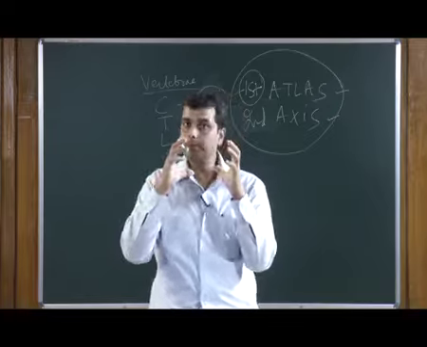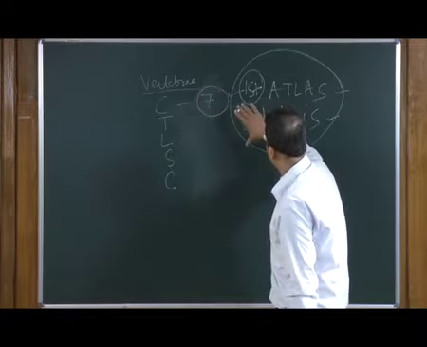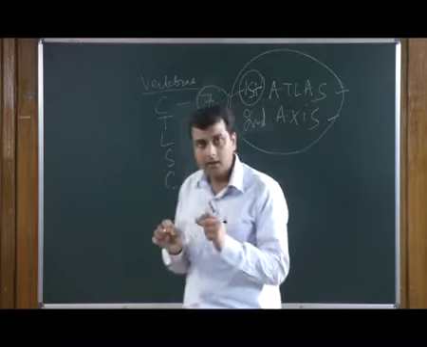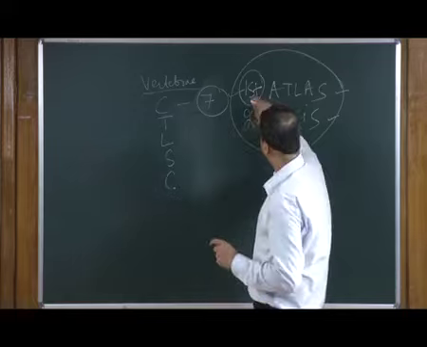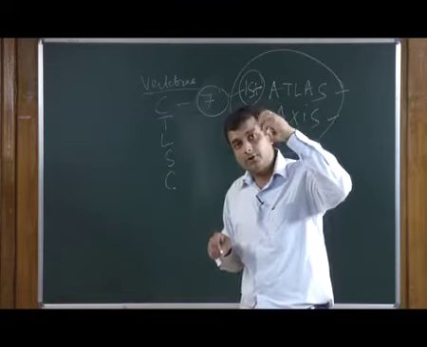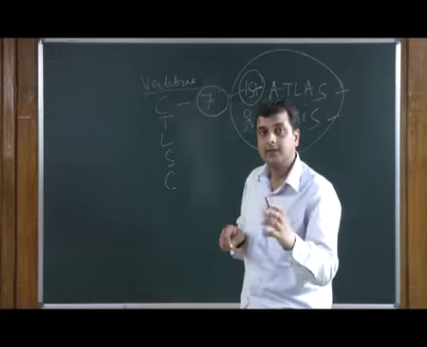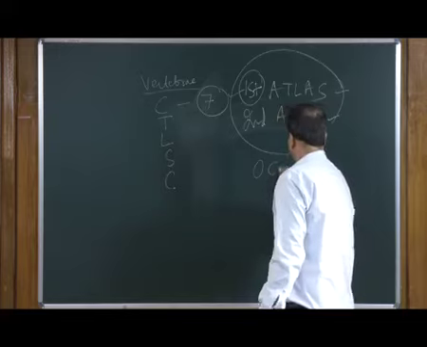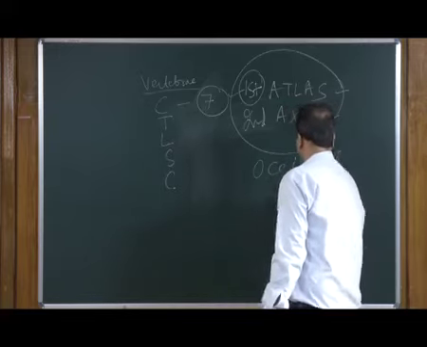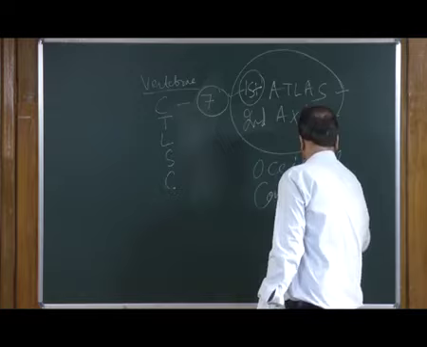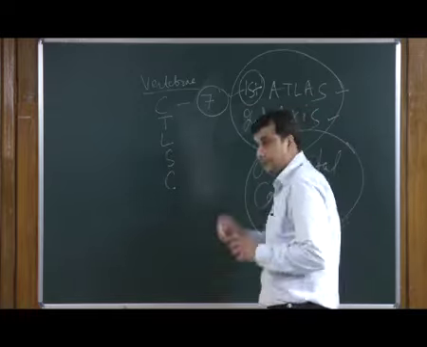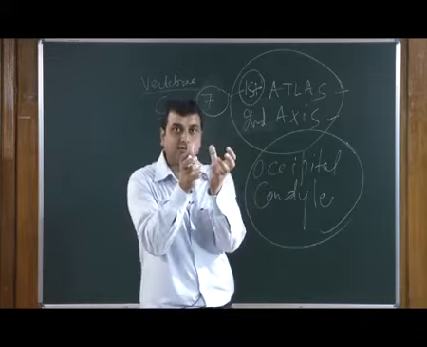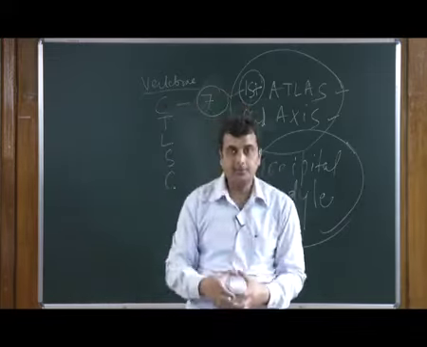Our movement of the skull is nicely coordinated by the atlas and axis vertebrae. The atlas is attached to the top area of the skull, to the occipital condyles, which we discussed in the last class. The occipital condyles lie on both sides, and the two occipital condyles give attachment to the whole vertebral column.